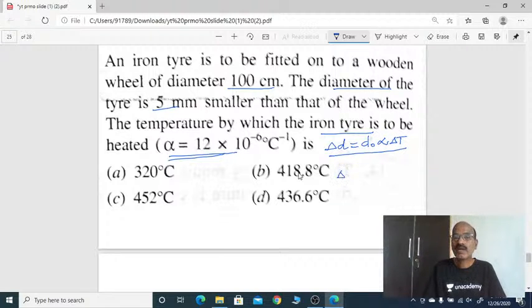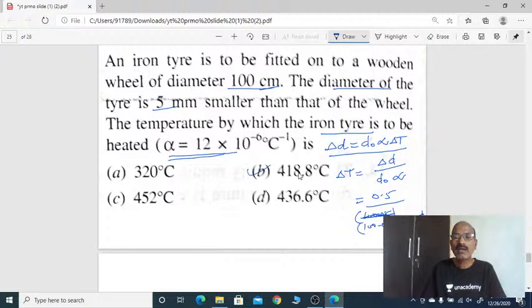Use this. From this, the increase in temperature equals the change in diameter divided by the original diameter times alpha. The change in diameter is given as 0.5. The original diameter is 100 minus 5 mm. 5 mm I can write as 0.5 cm, so you write 100 minus 0.5, converting mm into centimeter, times the alpha value, 12 times 10 to the power minus 6.